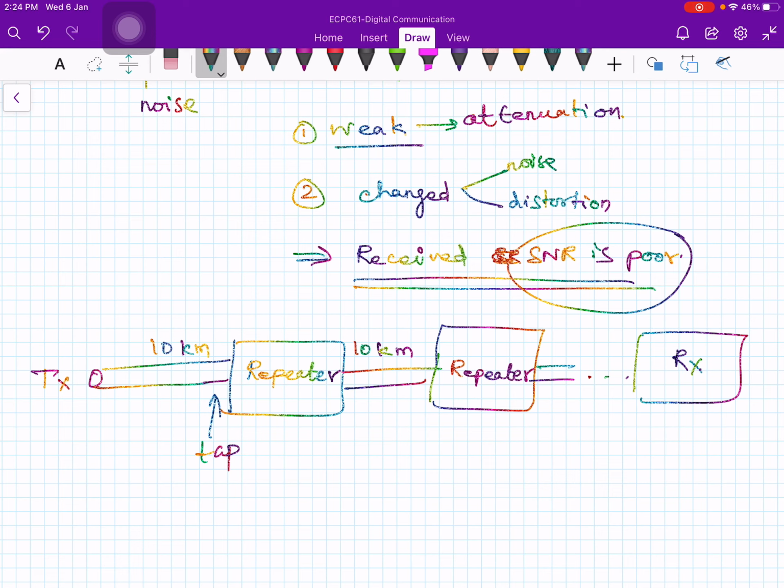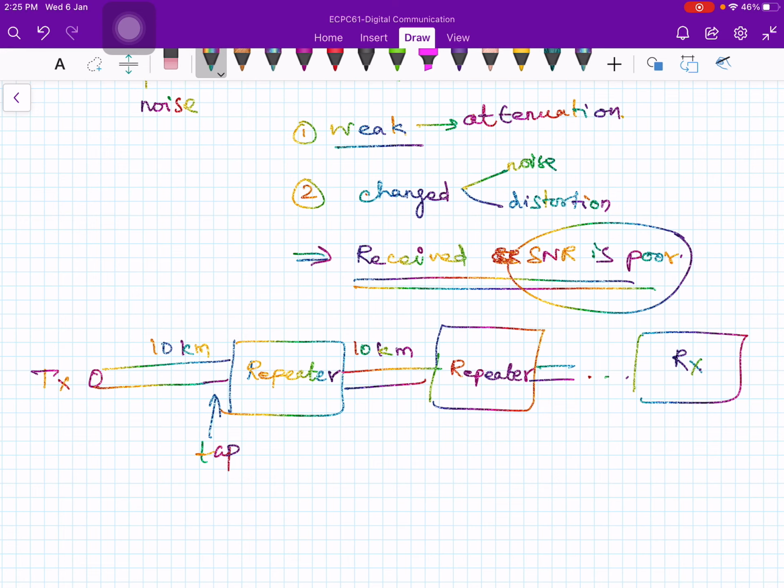It will certainly help to increase your received signal power because you are re-amplifying it and retransmitting it along the way, but it will not help the SNR because the signal, the noise and the distortion will also be amplified in the same proportion.